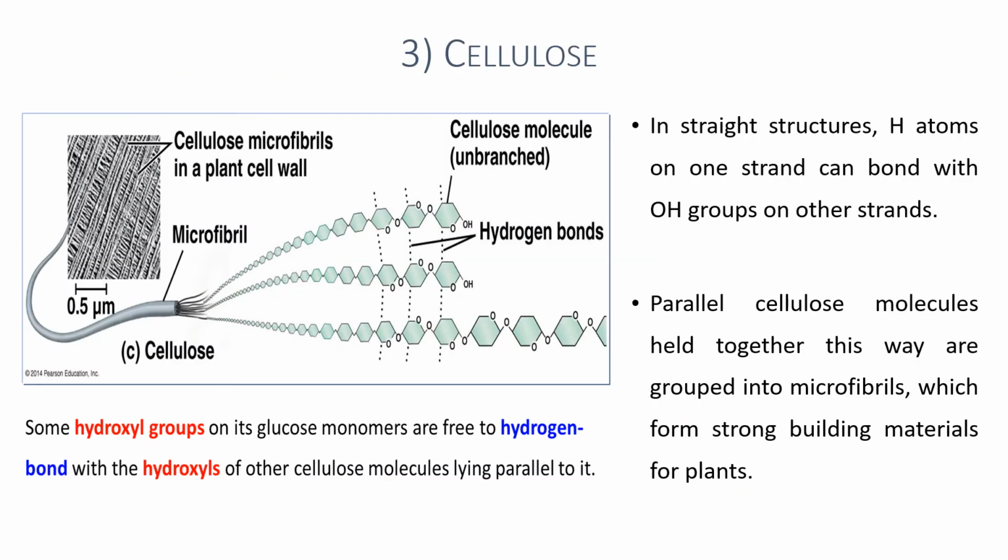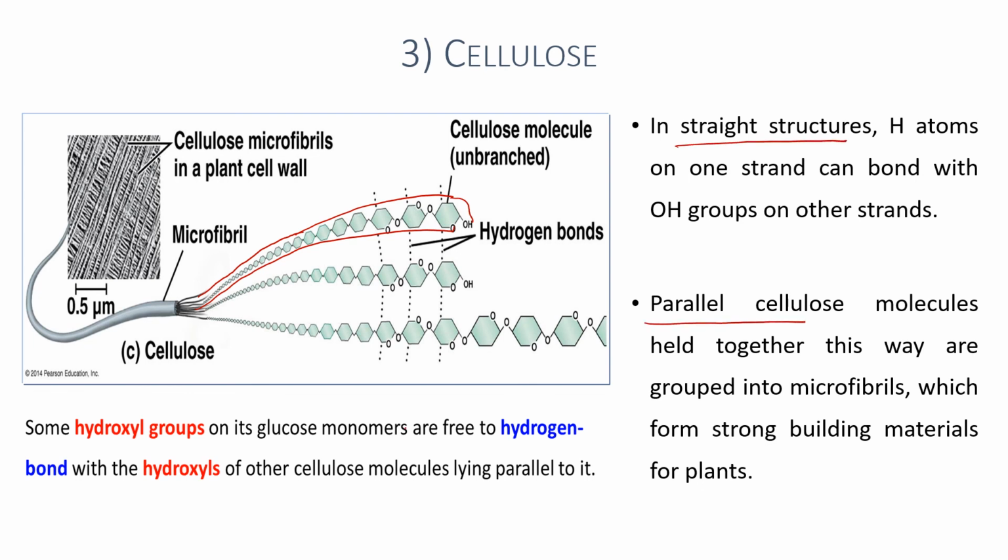Alright, in this slide we are going to look at the arrangement of cellulose molecules that form microfibrils. As you can see here, the beta glucose molecules are attached together to form a linear cellulose molecule. Each cellulose molecule is a straight structure, arranged parallel to one another.